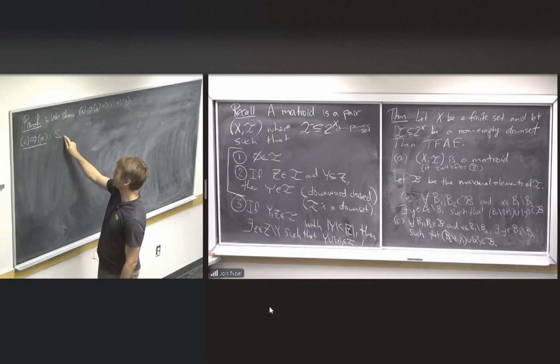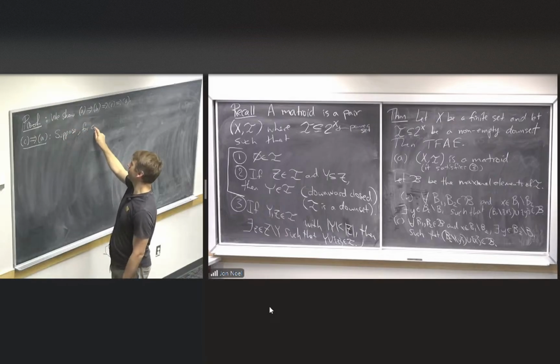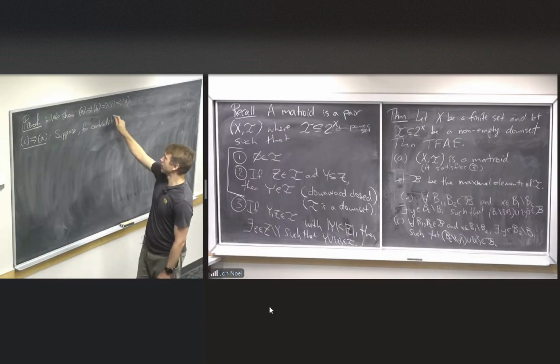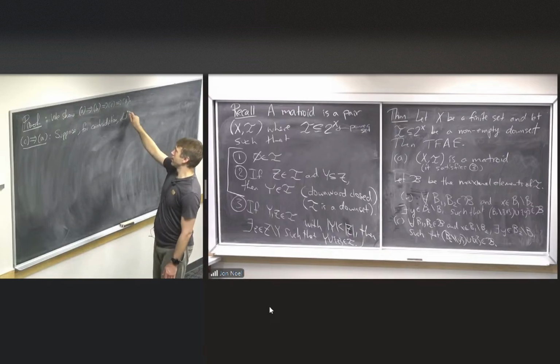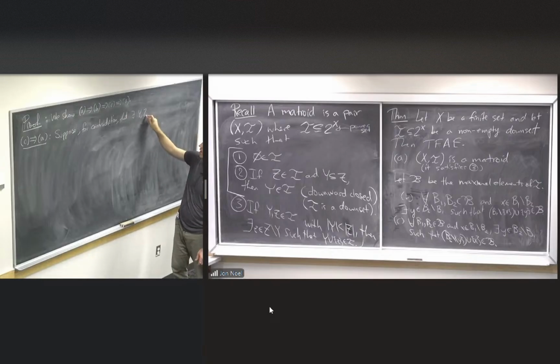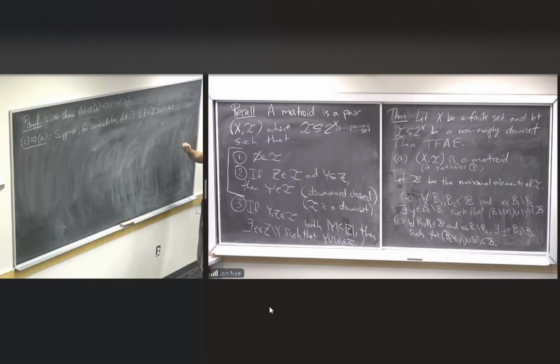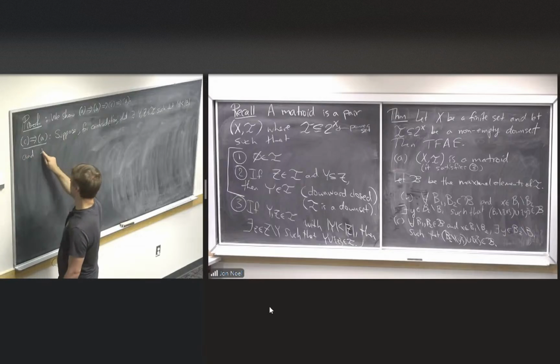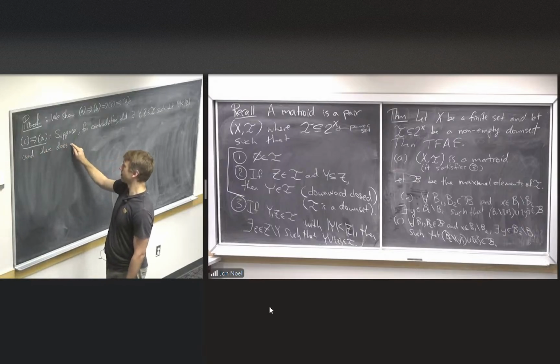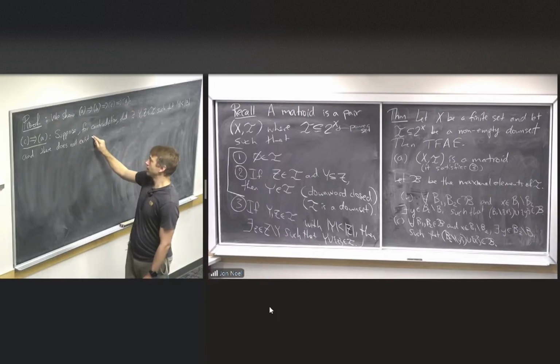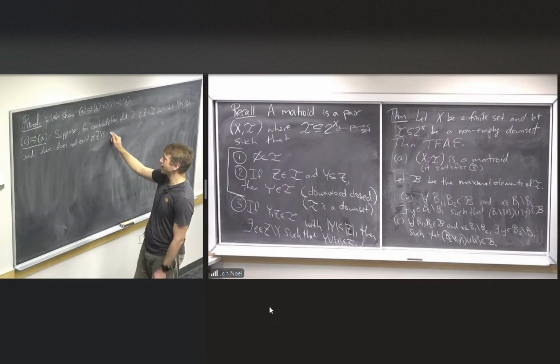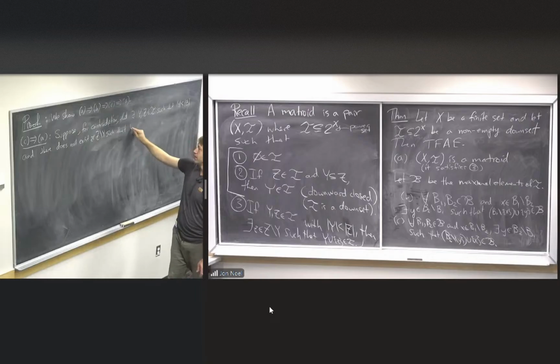So suppose for contradiction that there exist Y and Z in I such that Y is smaller than Z, and there does not exist some little z in big Z take away Y such that Y union little z is independent.